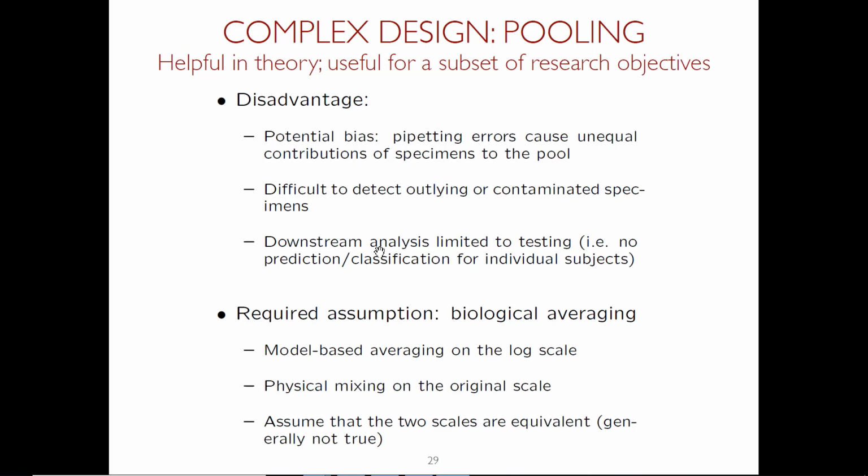Remember, we were talking about the fact that biomarker discovery is prediction for individual subjects. Now that you mix together multiple subjects, you cannot do prediction for individual subjects. You can only compare averages. So if you want to do a t-test, you are fine. If you want to do other things, you should not do it. And then also there are some technical things, like biological materials are averaged on the original scale, but mathematically we do it on the log scale, so there are some issues, but it's not as important.